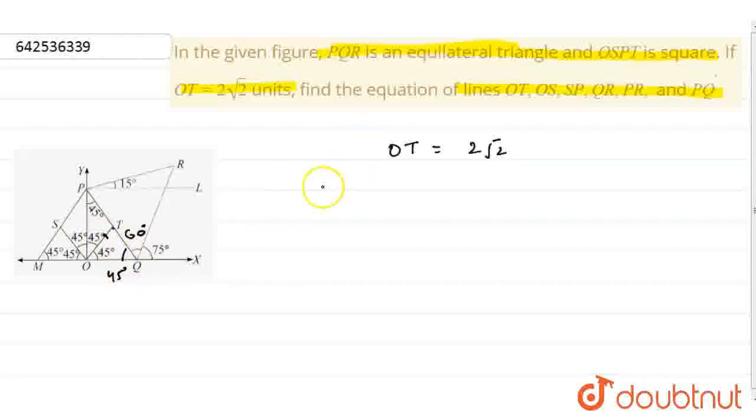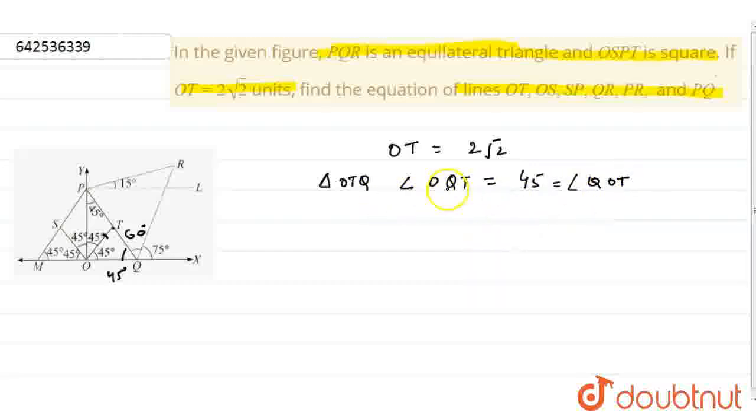Now from this we can see this triangle OTQ, that is a right angle triangle. So angle OQT is 45 degrees and angle QOT is also 45 degrees.